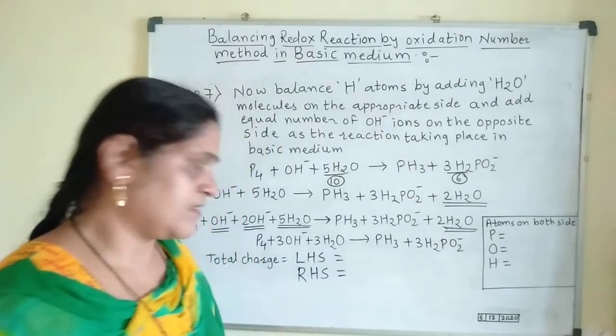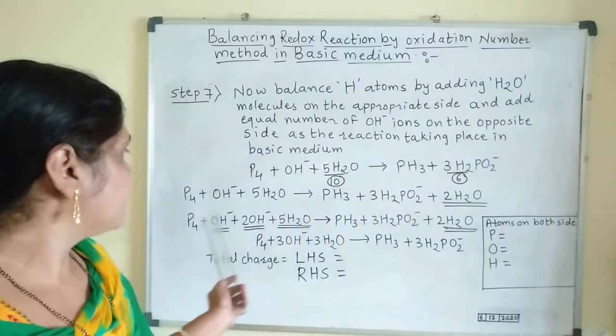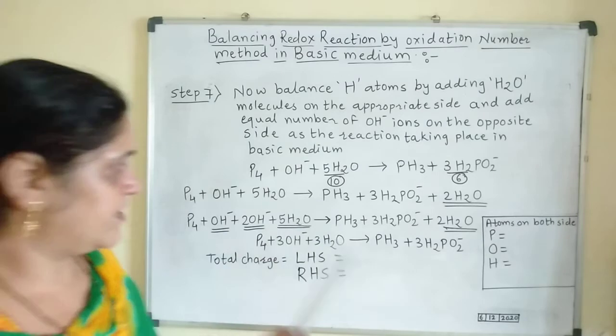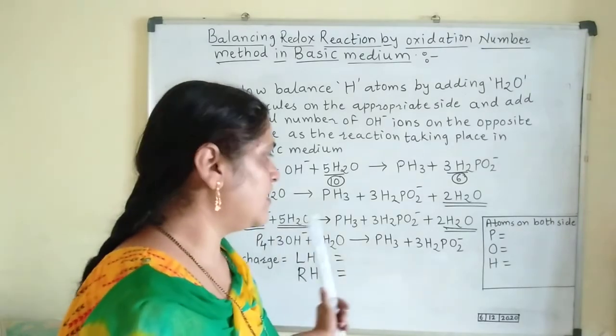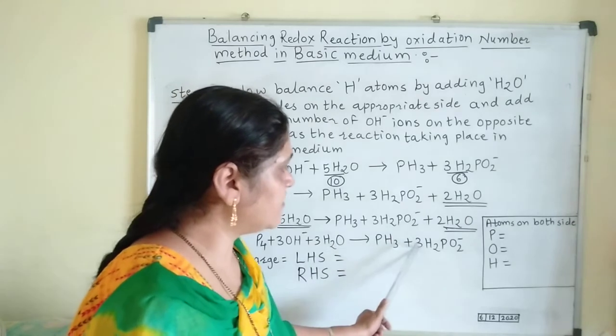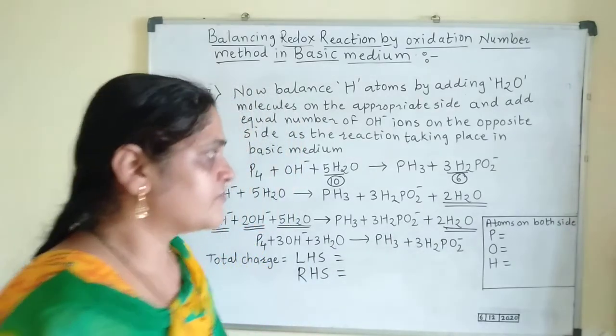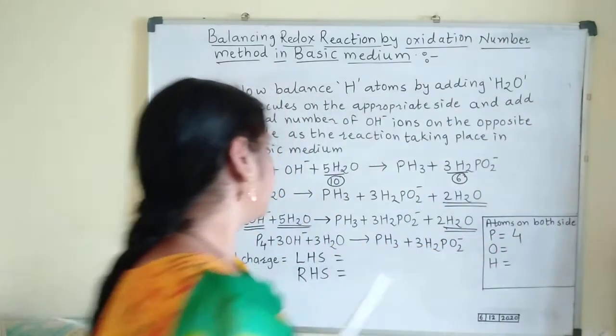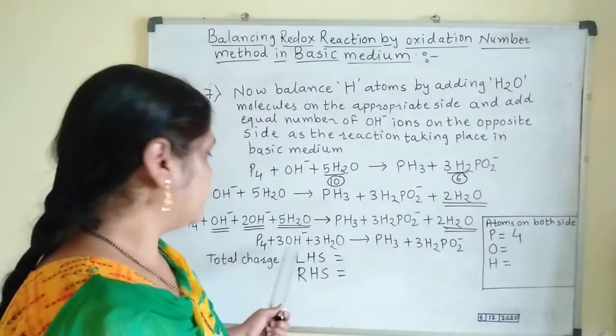Let us check number of atoms on both sides. Phosphorus atoms on left hand side is P4, right? So 4 phosphorus atoms on left hand side. Right hand side, this is 1 and 3 into 1, that is 3. So total number of phosphorus atoms is 4 on both sides. Let us check number of oxygen atoms.